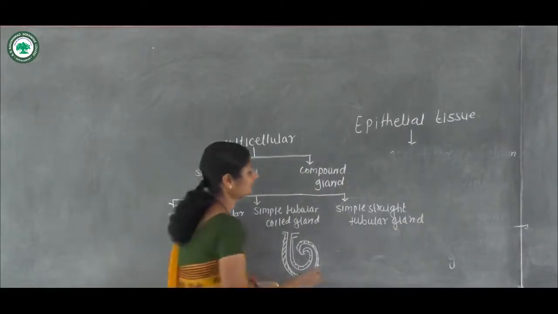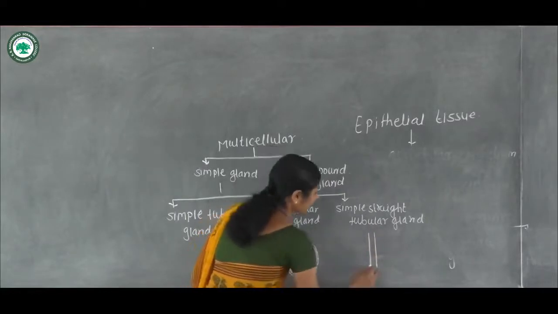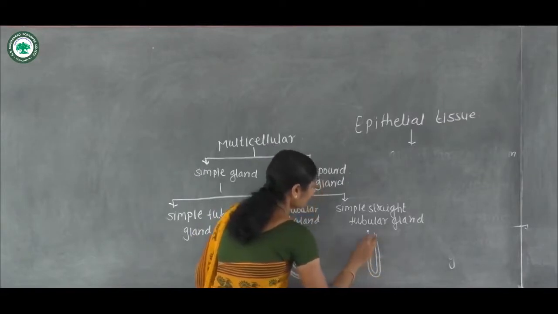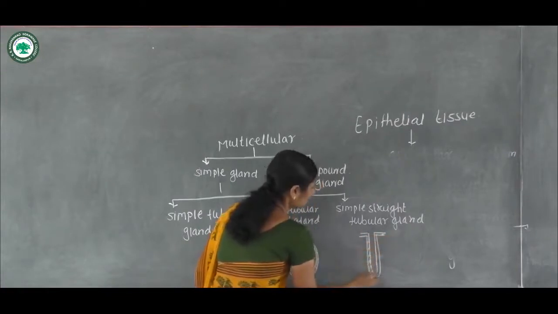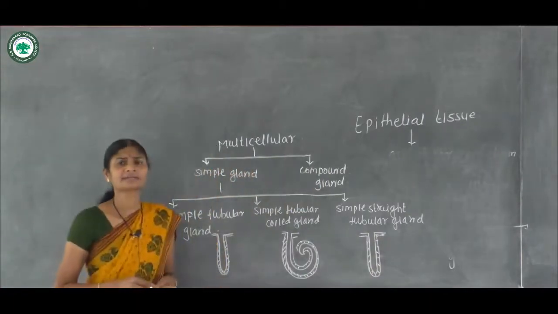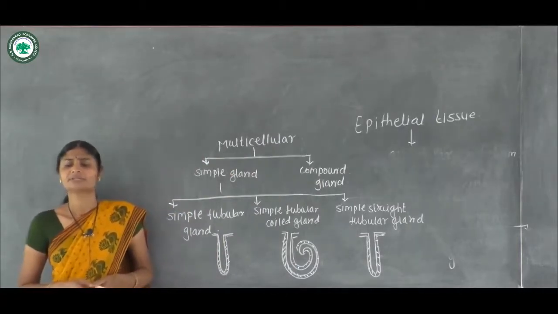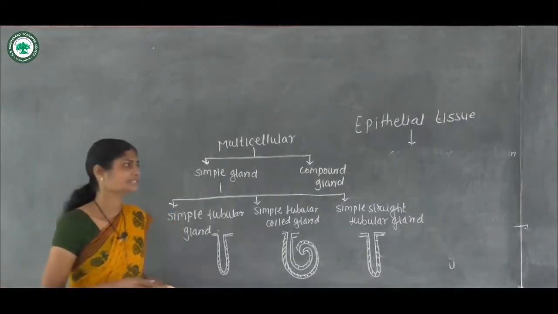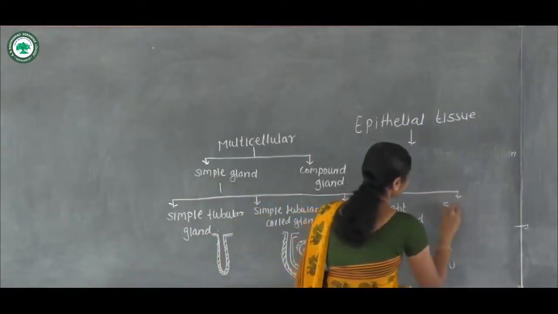In this gland the secretory duct is straight and opens into the unbranched tubules. These cells are present in the large intestinal glands.